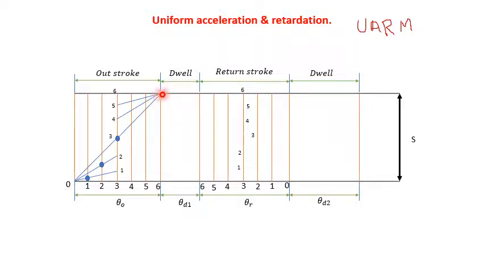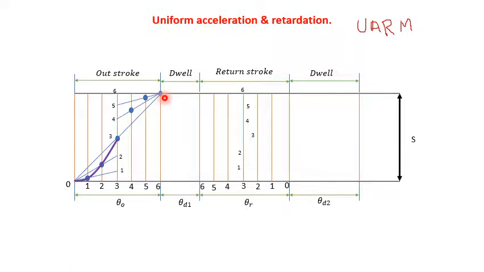Similarly, this is the fourth line cutting the fourth vertical line, therefore this is the fourth cutting point. Similarly, this is the fifth cutting point and this is the sixth cutting point. The sixth one is coinciding with the end point of the outstroke.